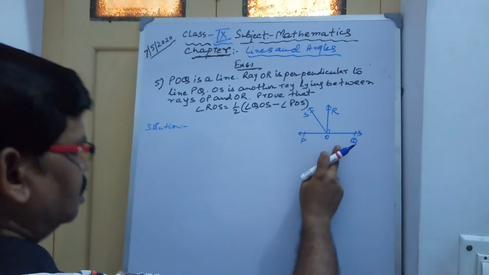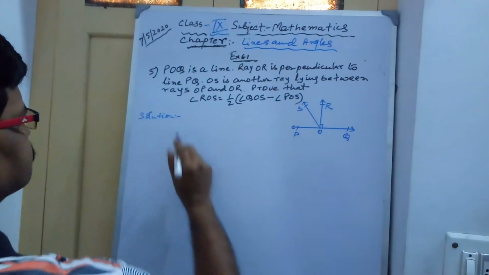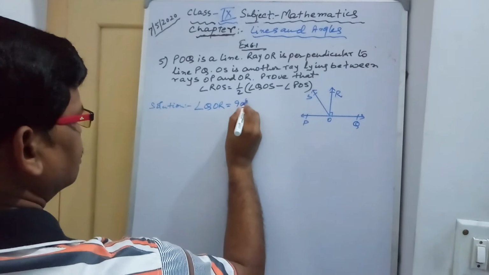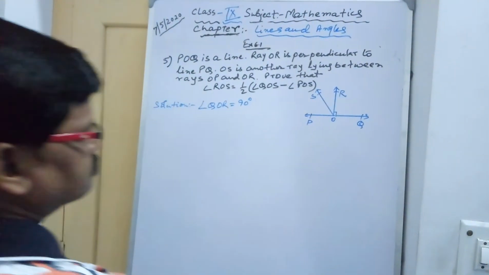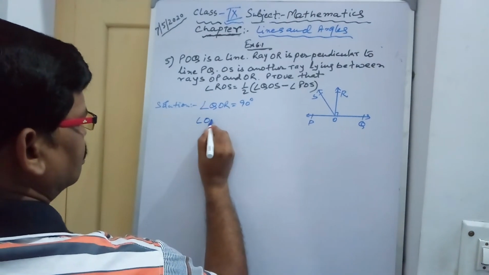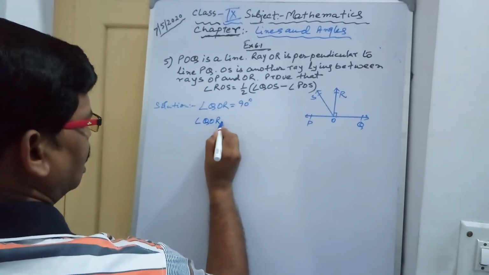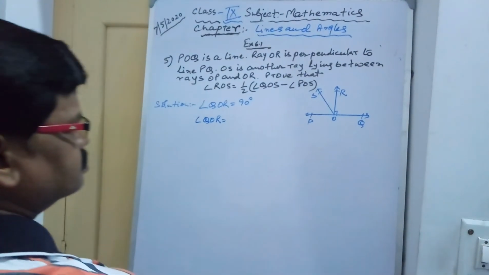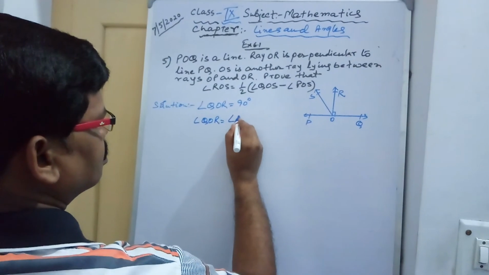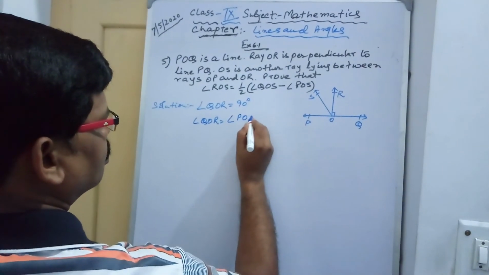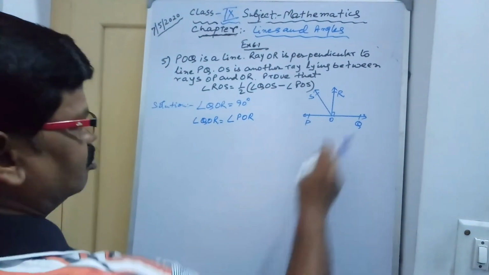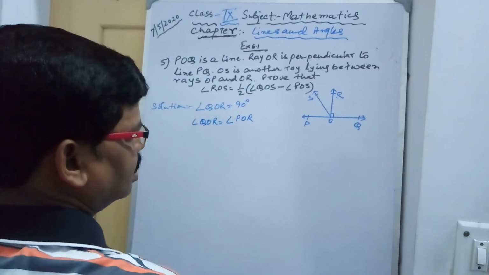Angle QOR equal to 90 degrees. So angle QOR equal to angle POR, that means POR also 90 degrees because the sum of angles is 180 degrees.